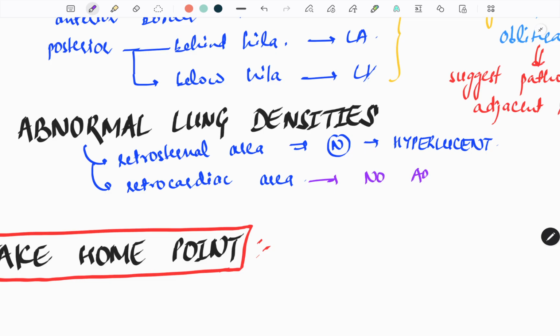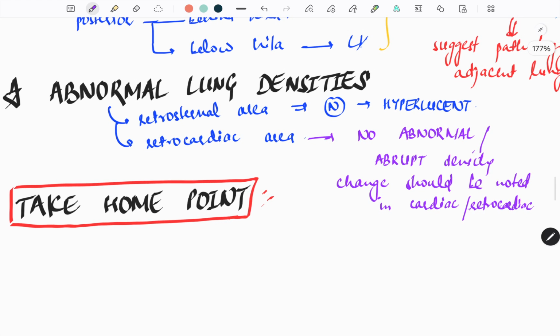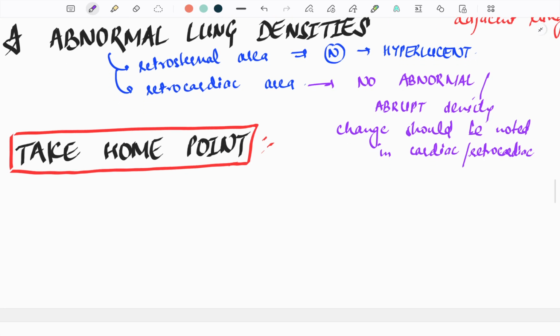No abnormal or abrupt density change should be noted in the retrocardiac area. Otherwise, it will indicate a pathology overlying the area.